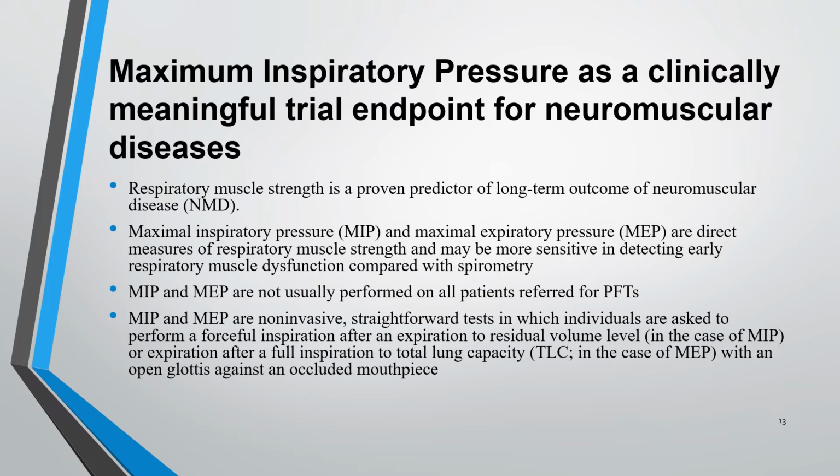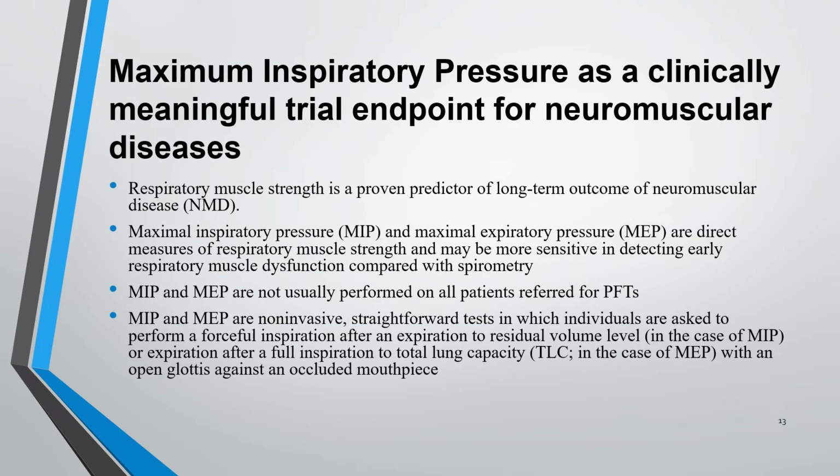So the difference is this: if someone has a decreased MIP, it's mostly indicative of a weakened diaphragm, whereas if you have a weakened MEP, it's more the accessory muscles, the abdominal muscles that are in play. So as you can imagine, when someone inhales, the diaphragm goes down, and if your diaphragm is weak, you're going to have a poor MIP.